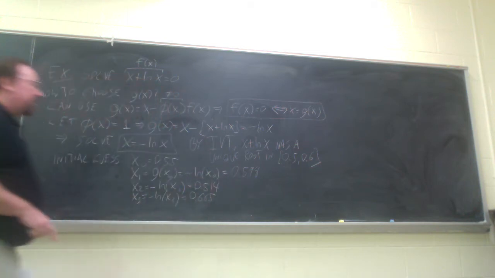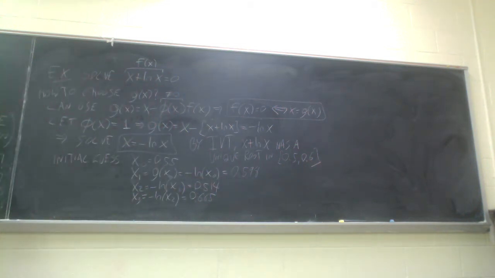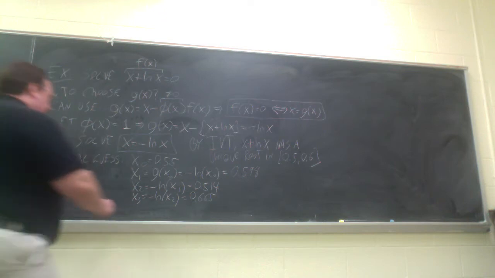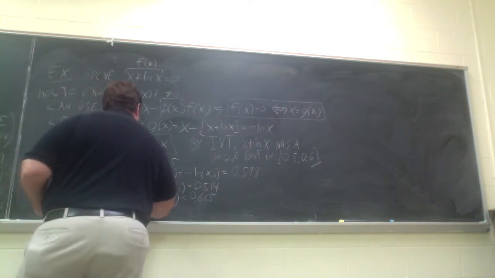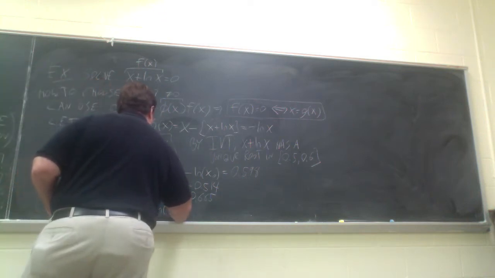Now that's quite discouraging because we got bounced outside the interval 0.5 to 0.6. So it seems like we're diverging. And in fact, I don't have this in my notes, but I'll go ahead and do one more. x4 is minus natural log of x3.